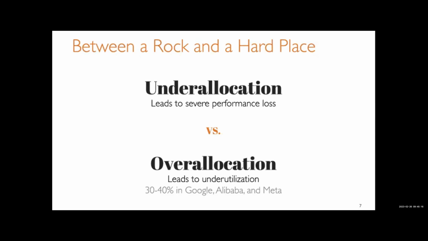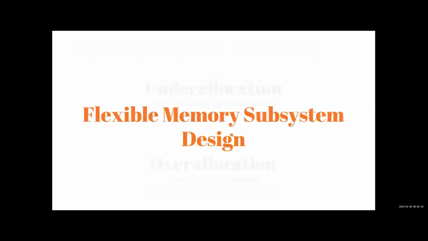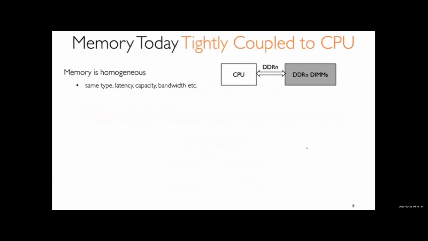Flexibility in memory subsystem design and fine-grained control over the memory bandwidth and capacity can solve this problem to a great extent. However, we cannot design a flexible memory subsystem with today's servers because CPU and memory are tightly coupled. They are usually connected through a specific DDR channel. To increase the memory capacity, we need to increase the total number of memory channels and populate DDR DIMMs at power of 2 granularity.